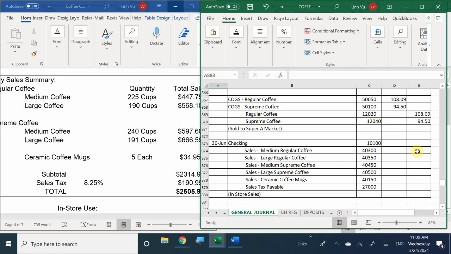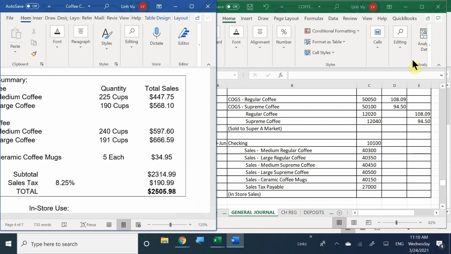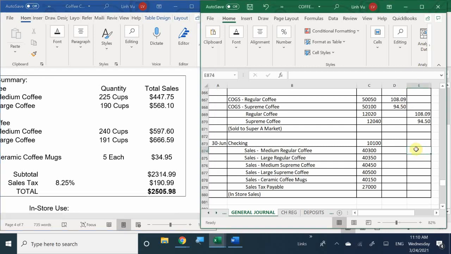All right. So let's go ahead and compute our sales here. So how much was the sales for the regular medium coffee? 447.75. What about the large regular coffee? 568.10.